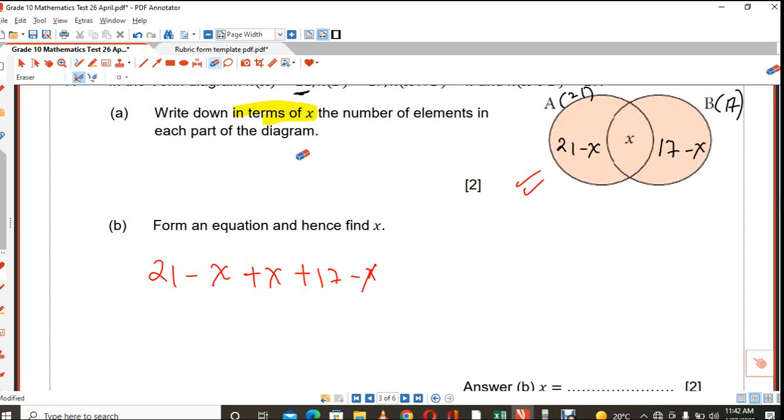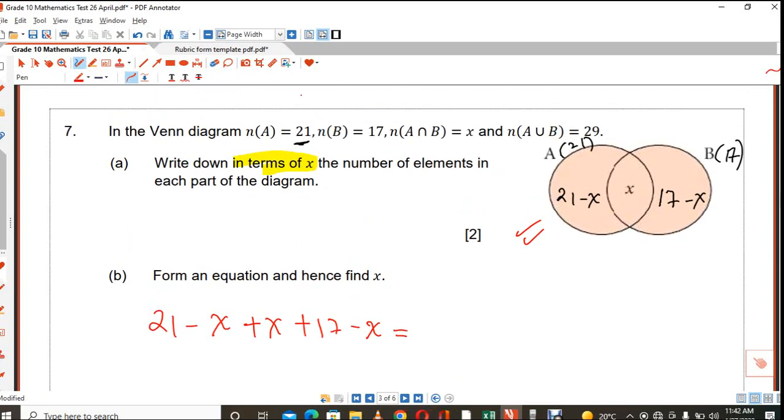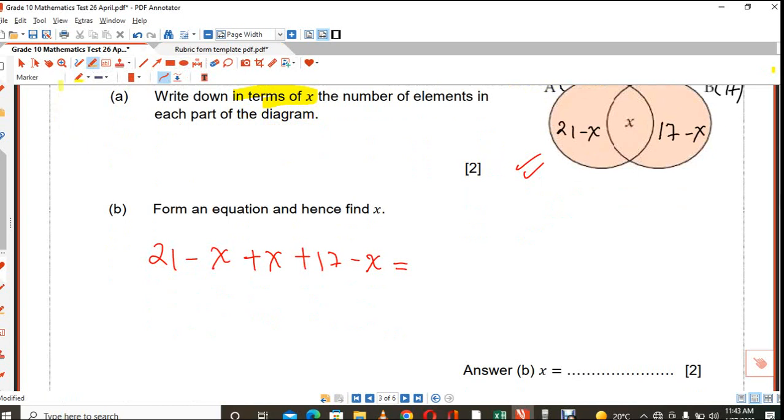It should give you 29, because you are told together all of these things must give you 29, the number of elements in the union of A and B. The only thing you are supposed to do is solve this. You will never get a negative number as an answer. By the way, what is 21 plus 17? 38. Do you know that this negative x and this one add up to minus 2x? So I'm going to be left with 38 minus 2x equals 29.